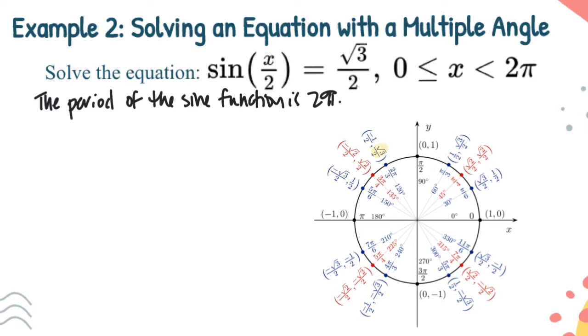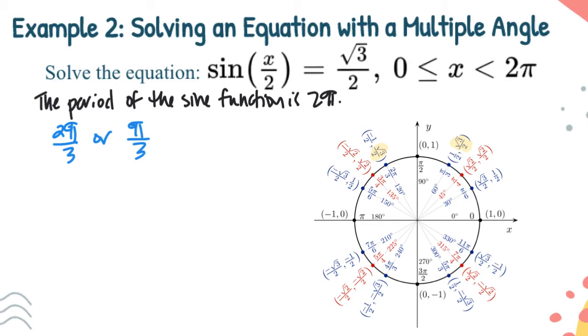So we have a y value here, square root of 3 over 2, and then we have another one here of square root of 3 over 2. So those occur at 2 pi over 3 or pi over 3.